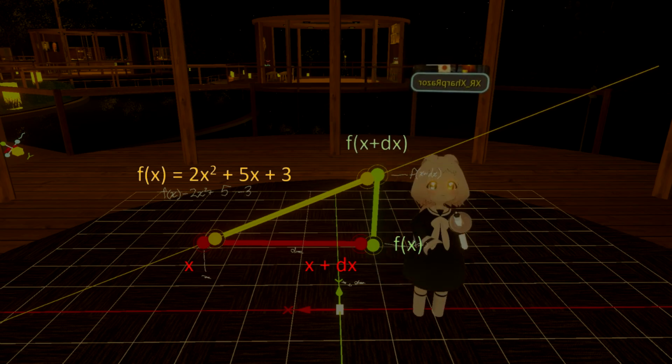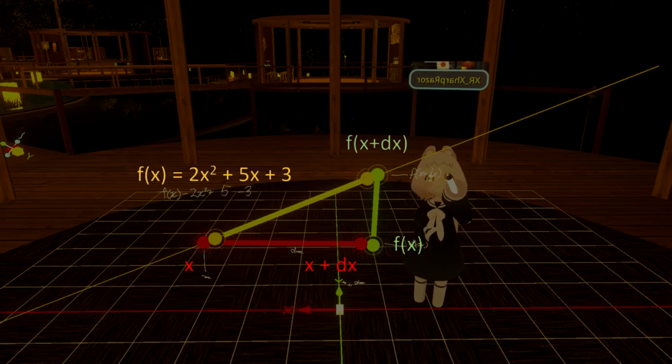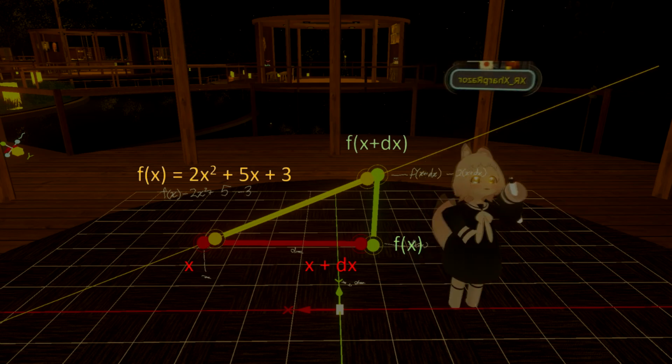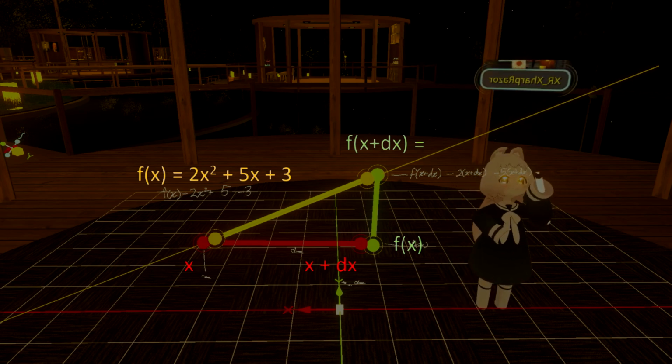So let's figure out what f of x plus dx is. This one up here is 2 times (x plus dx) squared, plus 5 times (x plus dx), plus 3.